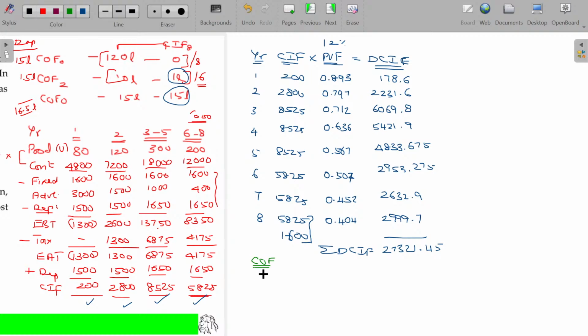In case of cash outflow, cash outflow at 0th period being 120 and 15 lakhs.